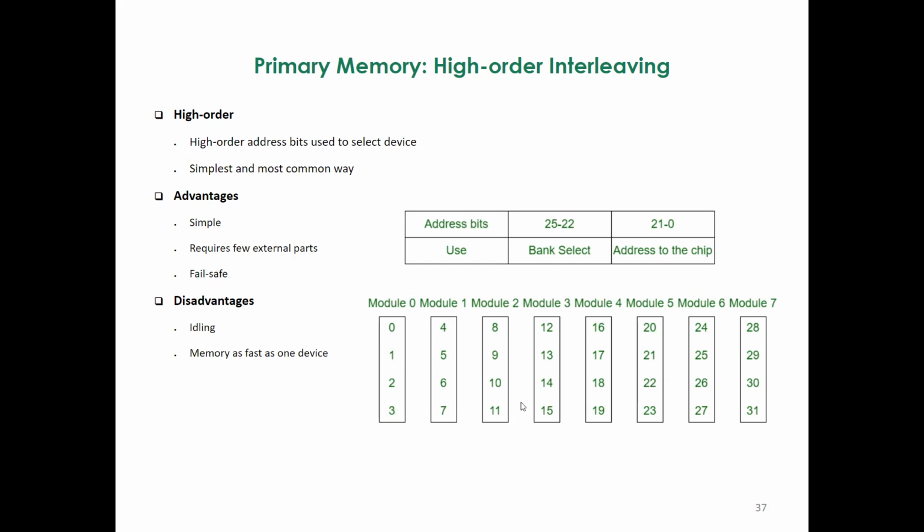But if the accesses are in a block profile, like 20, 22, 21, 16, 17, then you have the problem of idling for the other modules, where only 2 modules, 4 and 5, are in usage.